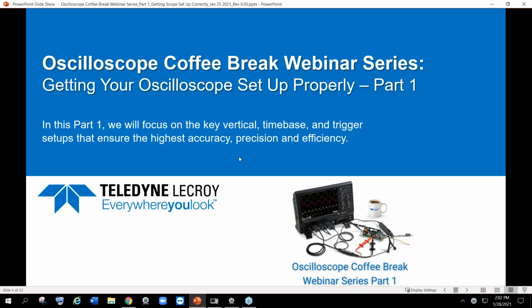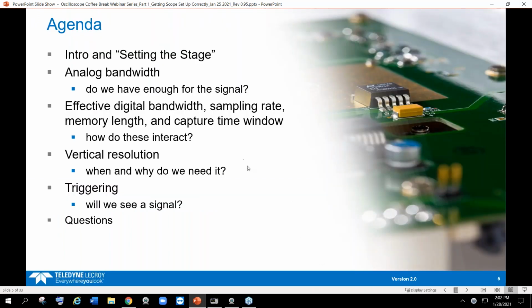This first part, part one of the Coffee Break webinar series, we're going to focus on the scope's vertical and time base and a little bit on the trigger setups, because we want to make sure that the scope is set up for exactly what we want it to do. The way that I'll go through this: I'm now in the intro and setting the stage, but then we're going to move into the details of analog bandwidth and whether we have enough of the signal.